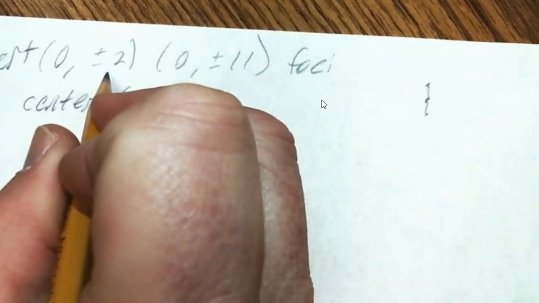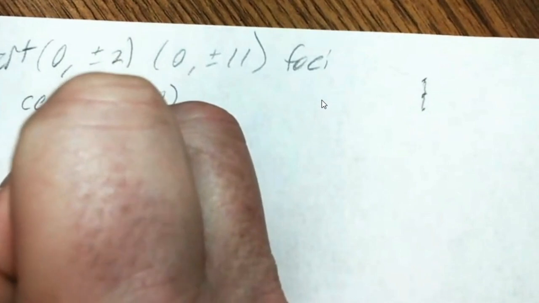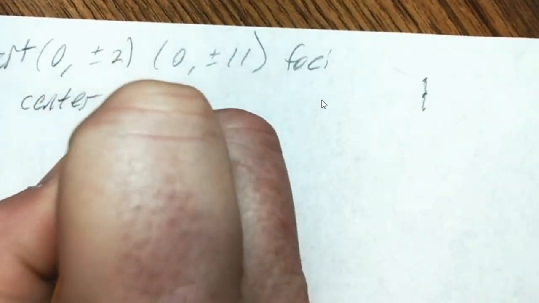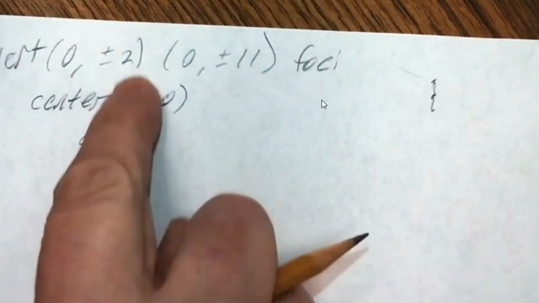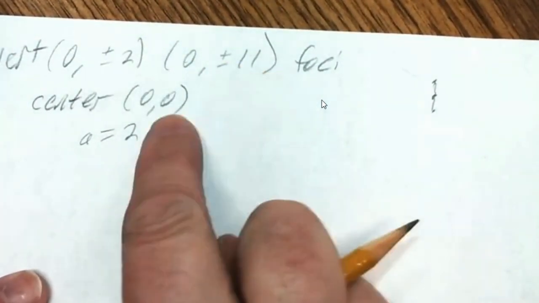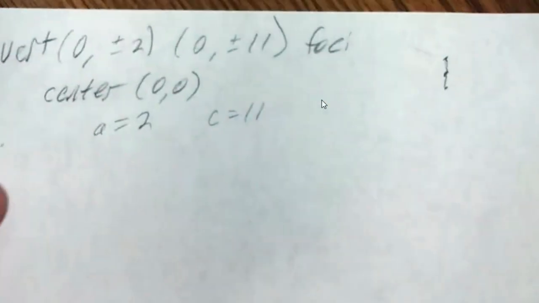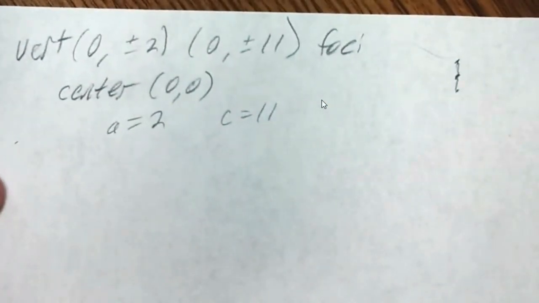So what is a? A is the distance between the vertex and the center. So a equals 2. The foci, remember, that's c away from the center. So c equals 11. And we need b.